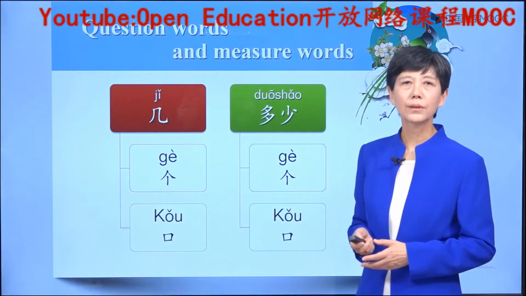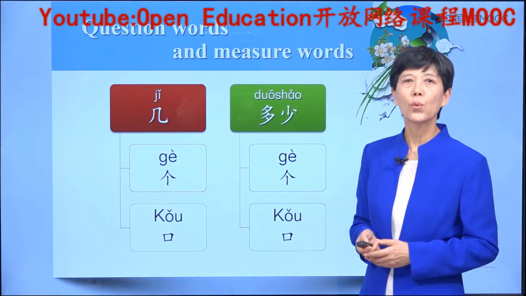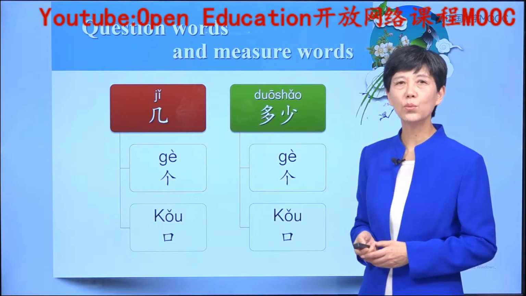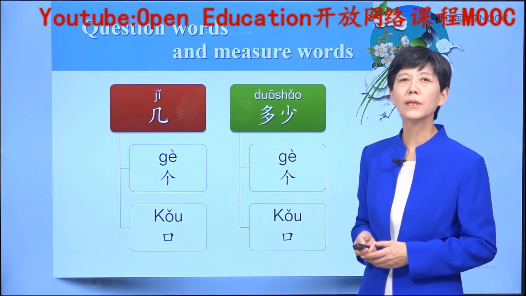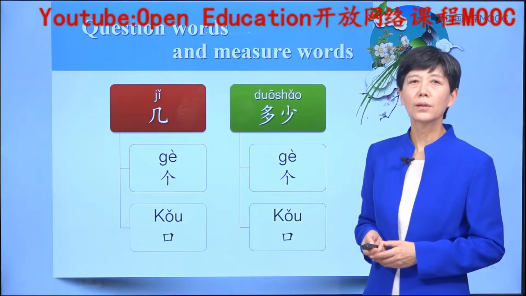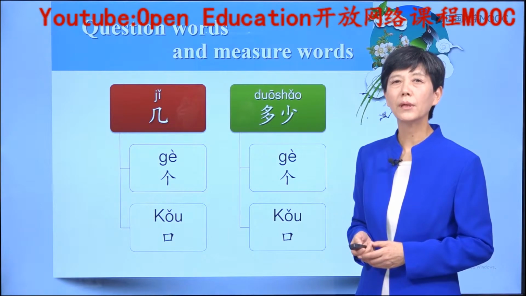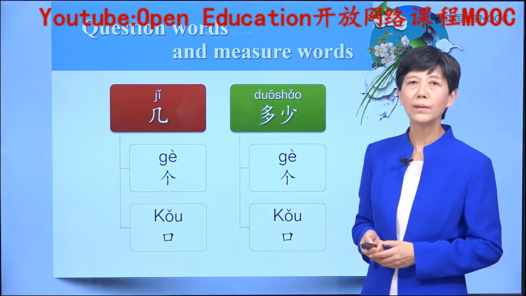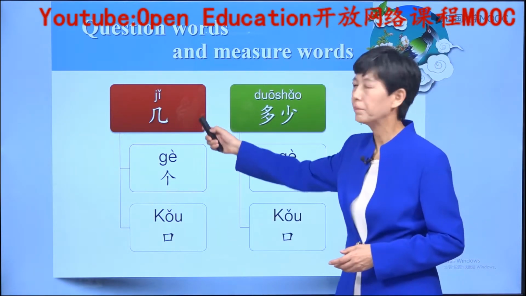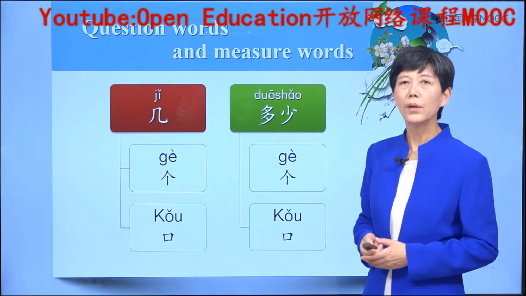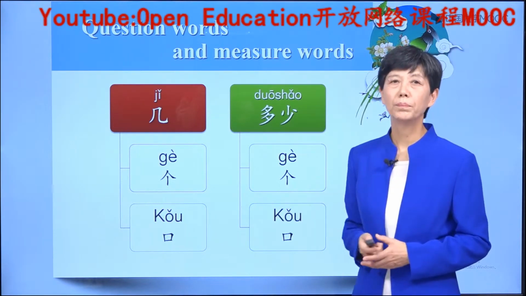Now let's take a look at question words with measure words. In most cases, we will use a measure word to express numbers in Chinese. There are two question words for number in Chinese. One is 几, the other is 多少.